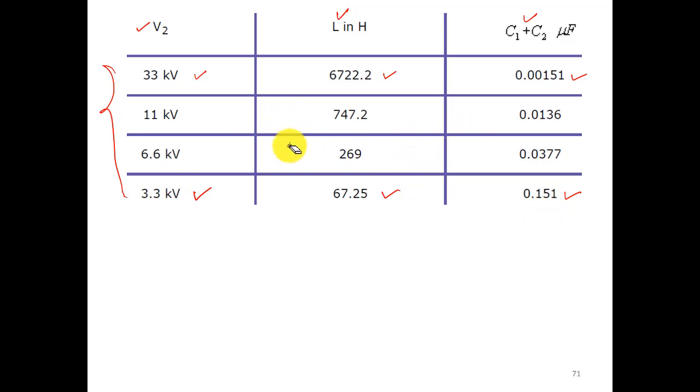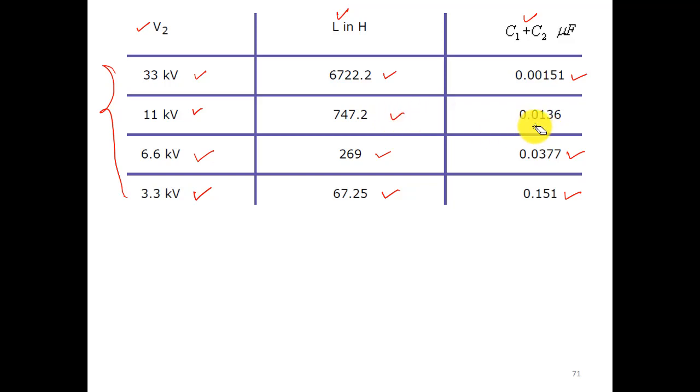So out of these choices, let us see the 6.6 kV voltage level, for which L is 269 Henry and the capacitance is 0.0377 microfarad, and for 11 kV it is 747.2 Henry and 0.0136 microfarad.